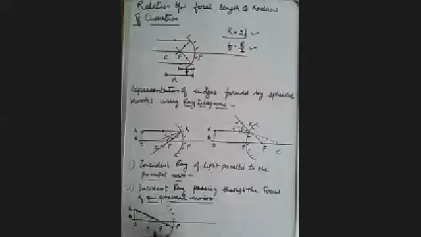The ray which is passing from the principal focus, after reflection, is always reflected along the direction which is parallel to the principal axis. So the ray which is passing from the principal focus and is incident on the spherical mirror will always be reflected parallel to the principal axis.